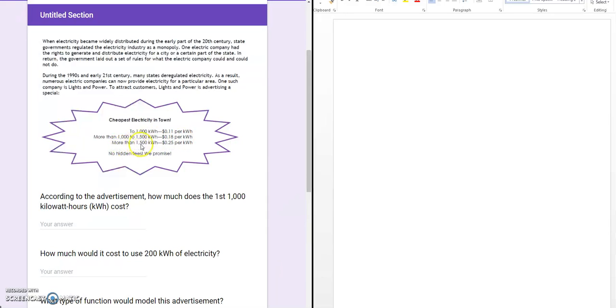And anything more than 1,500 is going to be 25 cents per kilowatt hour. Well, this is a little bit tricky, but if the number that we have is under 1,000, we multiply that by 11 cents. If it's over 1,000, we first take the 1,000 times 11 cents and then the difference times 18 cents and then add them together.